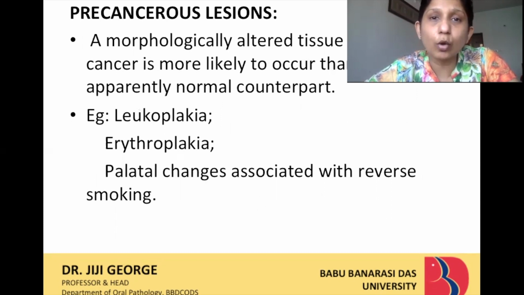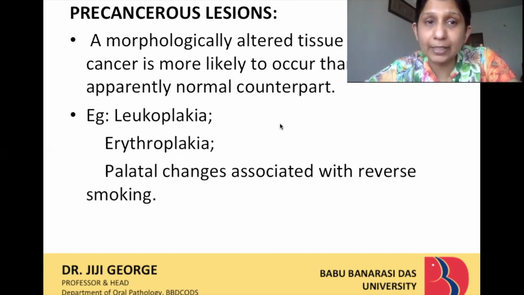Now, coming on to the older terminologies. As I said, the oral potentially malignant disorders were earlier classified into two groups, that is your pre-malignant lesions and pre-malignant conditions. Both the groups together are now kept under oral potentially malignant disorders.